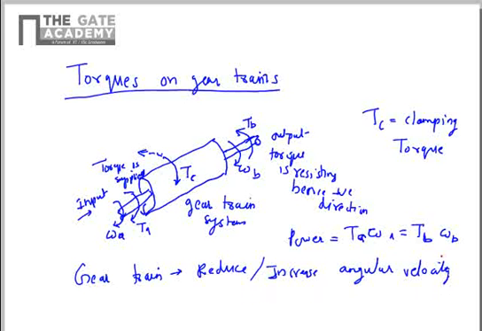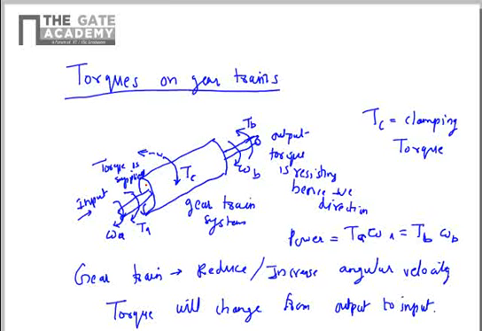So since the omega is changing, torque is also changing. Torque will change from input to output. Hence the input torque will not be the same as the output torque, and hence there will be a force imbalance. To counter that force imbalance, you have to apply a clamping torque, which you provide by various means such as bearings in the gear train system.